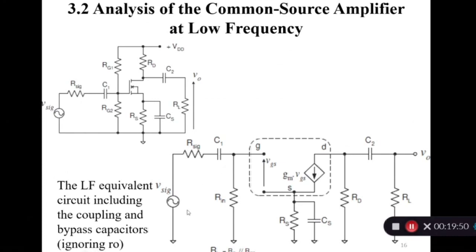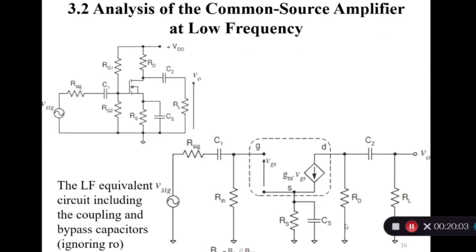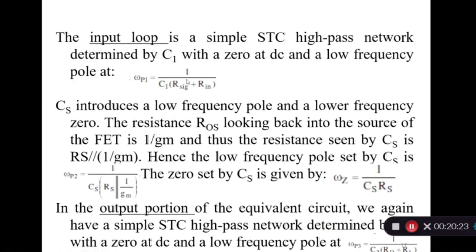When you calculate the poles and zeros, maybe you will get a formula something like this one. Then you can decide whether it is pole dominant or zero dominant. So after calculating the poles and zeros, for this example, you will find that the pole is more effective, more dominant. So omega P1 for this section is equal to 1 upon C1 times R signal plus Rin.